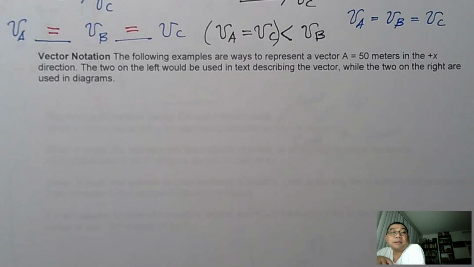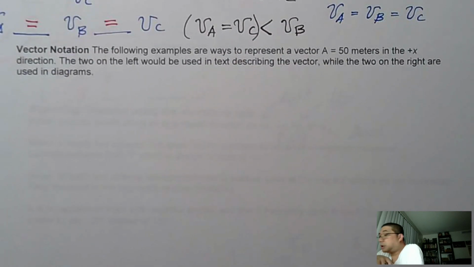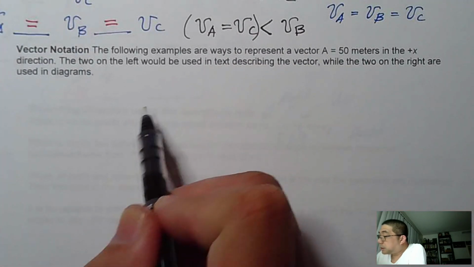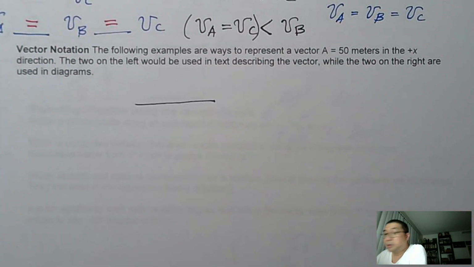Now, let's continue with vector notation. Vector notation just means how you represent vectors. The following are ways to represent a vector. 50 meters in the plus x direction, or along the x-axis, which is also known as the horizontal axis. In case you're not aware, any line like this is called a horizontal line.